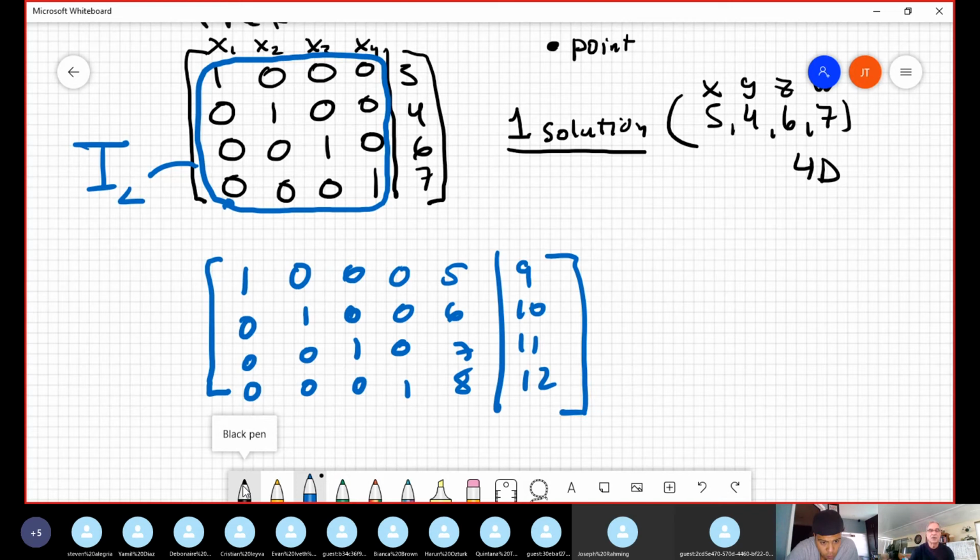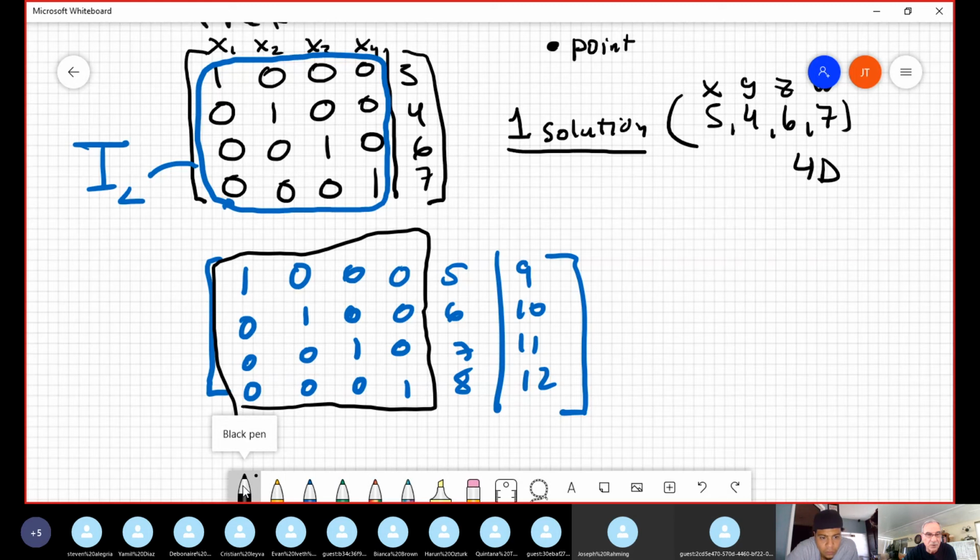What do you think? Do we have infinitely many solutions or one solution? Infinitely many solutions, because you can see clearly here the identity matrix of dimension 4. This is I4. Therefore x1, x2, x3, and x4 are non-free variables, but x5 is free. It's the only free variable.